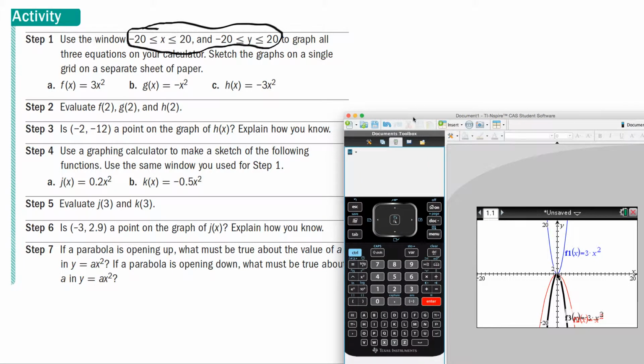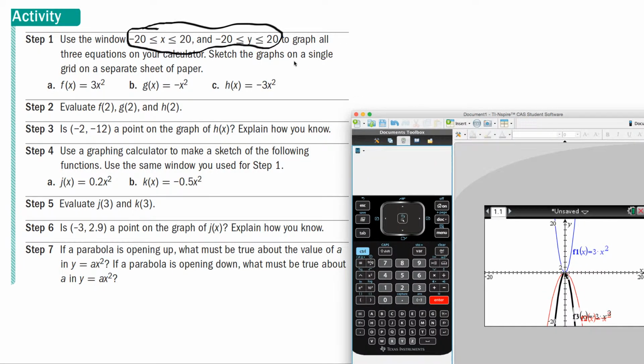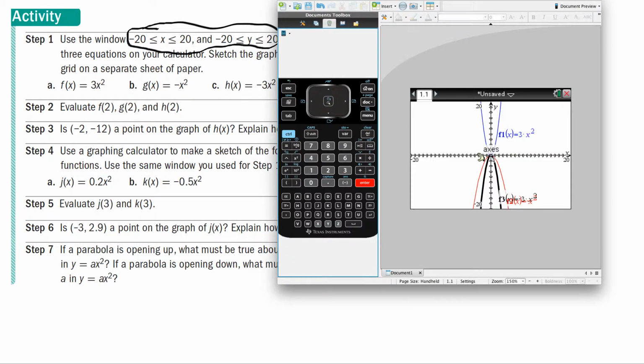For step 3, it asks you, is negative 2, negative 12 a point on the graph of h of x, and explain how you know. We know that 2 is, but is negative 2, negative 12 also on here? We can look at our graph, and this is for h of x, the black graph that I've got right here.